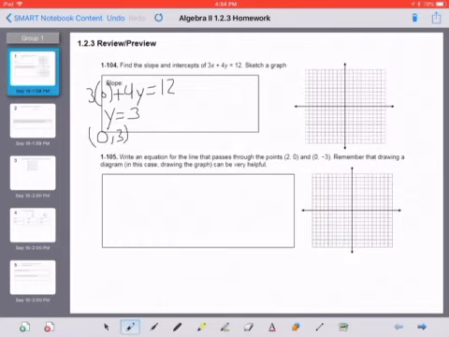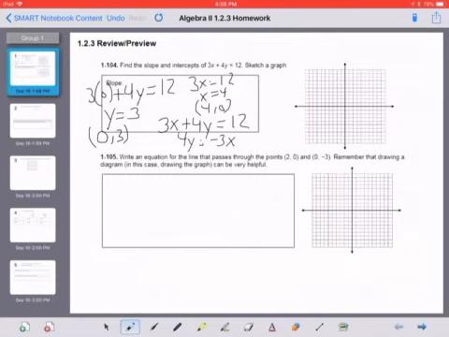And then to find the x, I would end up with 3x equals 12, which is 4. So 4, 0 would be my x-intercept. And then my slope, I would end up solving for, put it in slope-intercept form. So I get 4y equals negative 3x plus 12, divided by 4.